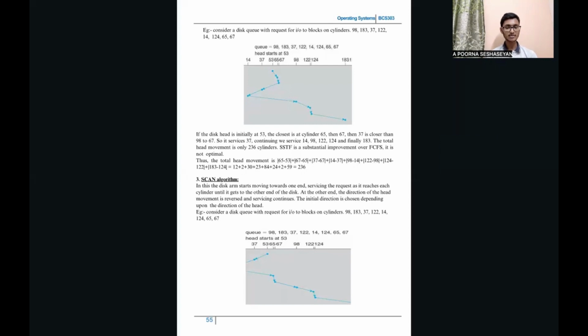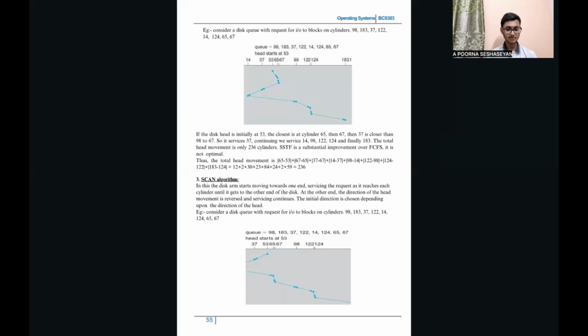In this type of disk scheduling, it will first go to the end of one side, and from that point it will start scheduling as FCFS. In SCAN, it will go to the left end, that is until 0, and from 0 it starts scheduling the right side requests.